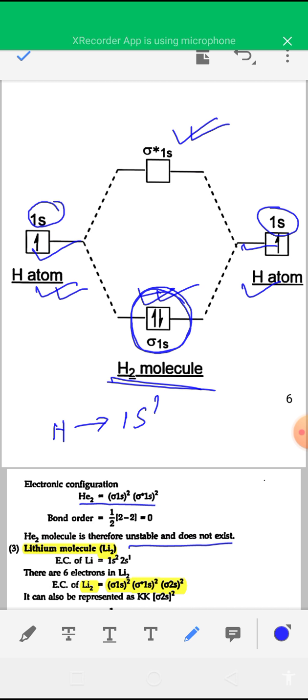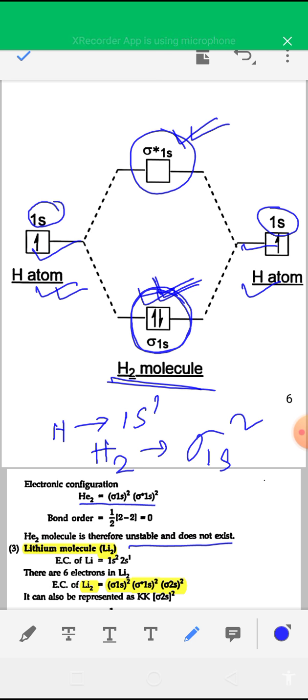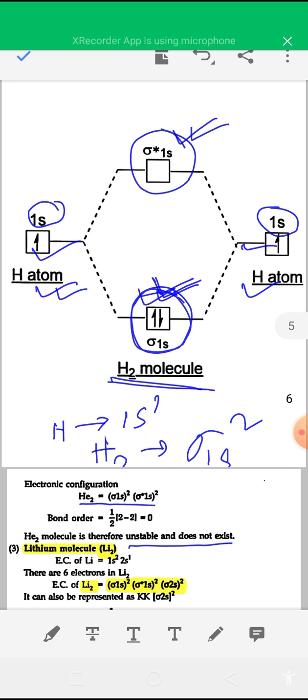So the molecular orbital electronic configuration of the H2 molecule is sigma 1s2, and there is no electron in the sigma star antibonding molecular orbital.